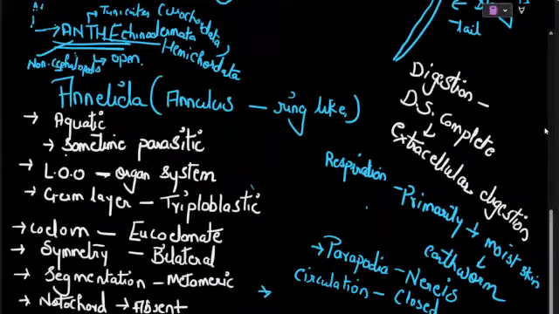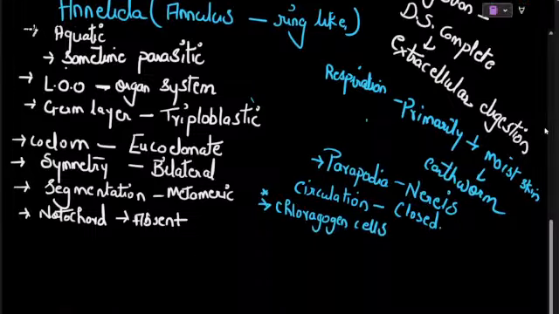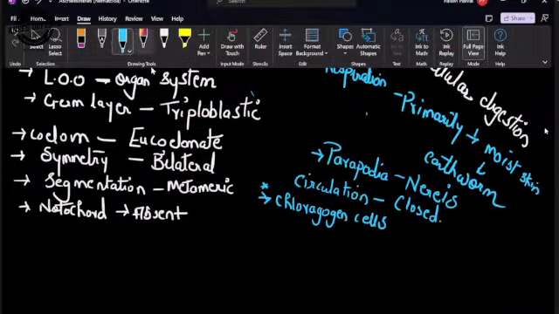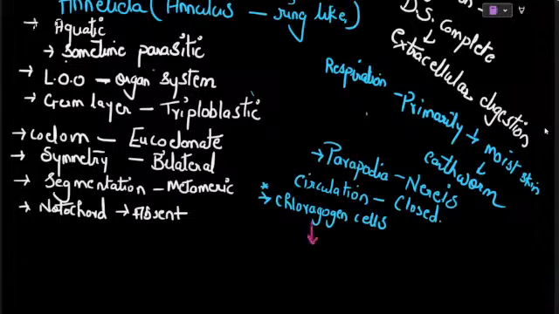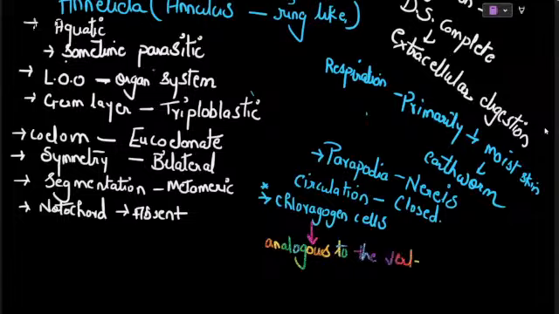What is the role of chloragogen cells? Chloragogen cells are analogous to the liver of vertebrates. They help in excretion.